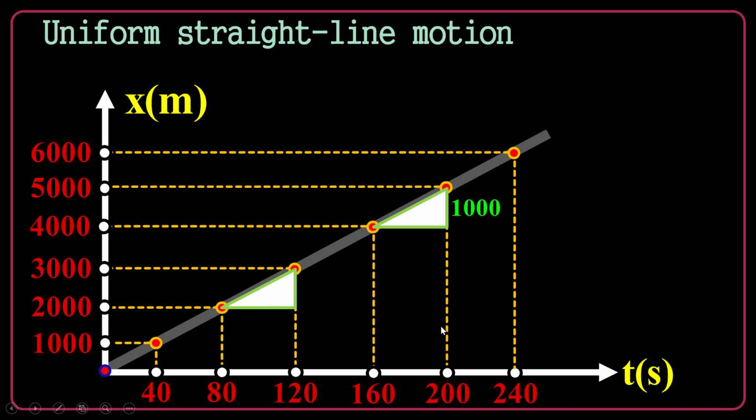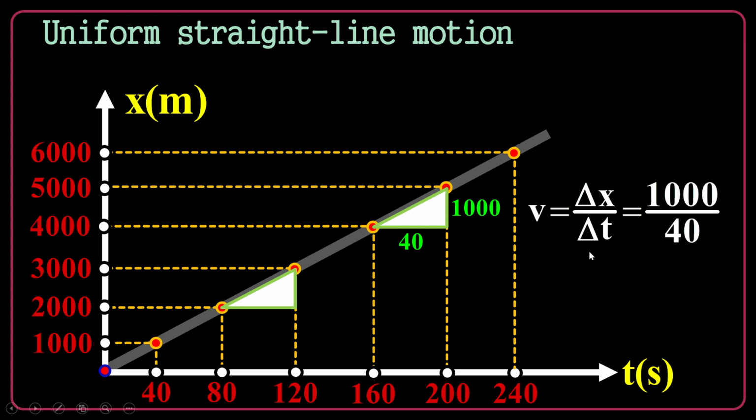If you take a larger triangle, automatically your time interval will be larger and also the displacement will be larger. The ratio will be the same because the velocity is constant. So the ratio must be something like 1000 over 40. This ratio will always be constant for this motion, regardless of the size of your triangle and the location of that triangle. So it's 25 meters per second.